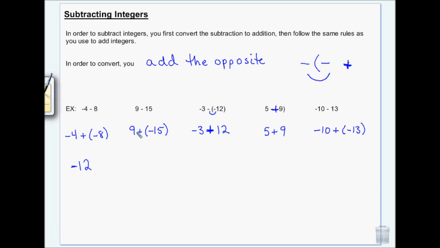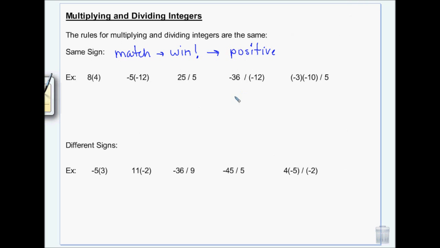Here I have a negative and a positive, so I'm going to subtract, and the 15 is larger. Negative and positive, so I'm going to subtract, and the 12, which is positive, is larger. That's just addition. And here I have 2 negatives, so I'm going to add them and keep it negative. Doesn't matter what number's bigger, if they're both negative, it's positive.